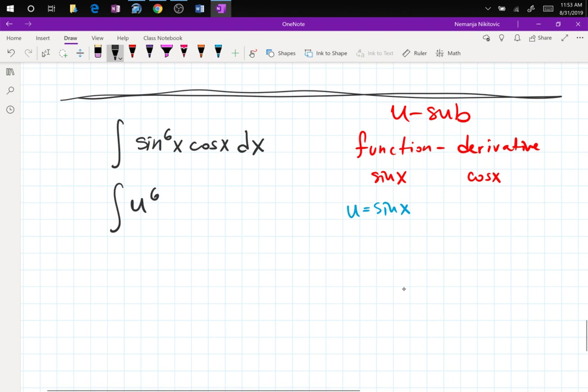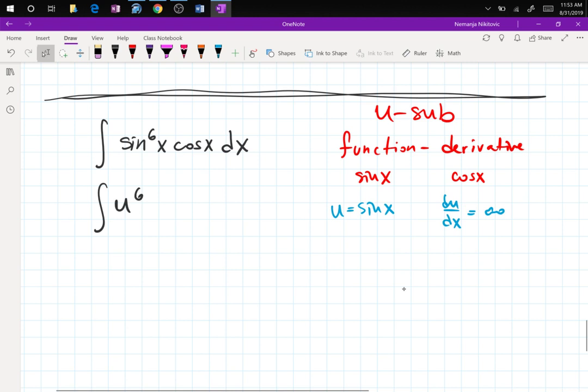And now, for a du part over here, the du dx is cosine x, and then you move dx to the other side, creating du equals cosine x dx. So this changes just into du. So sine is u, so u to the 6, and the entire string here, cosine x dx is du.